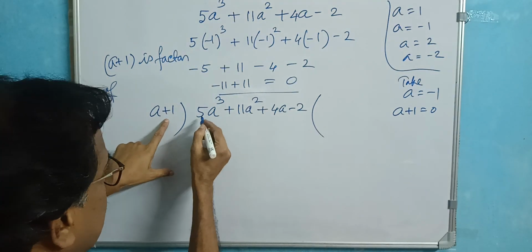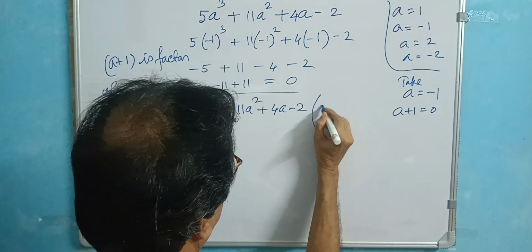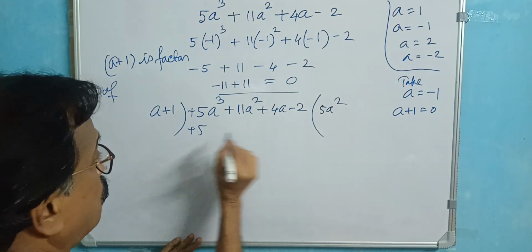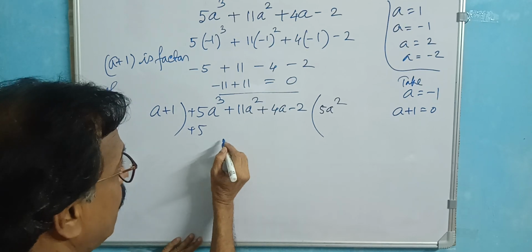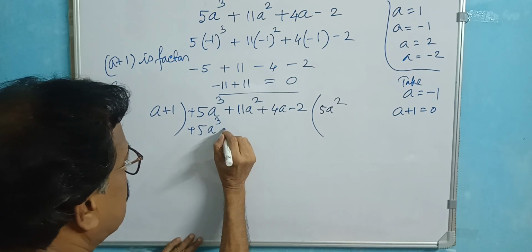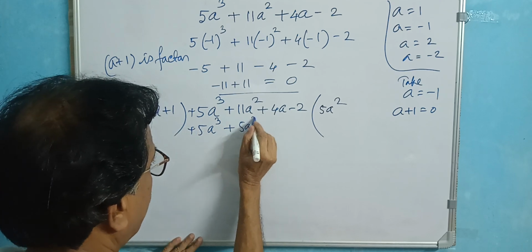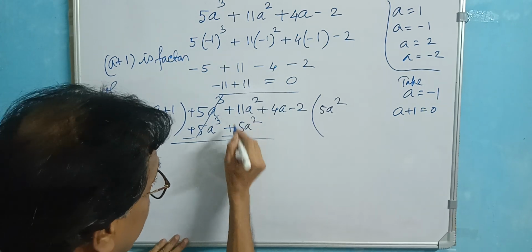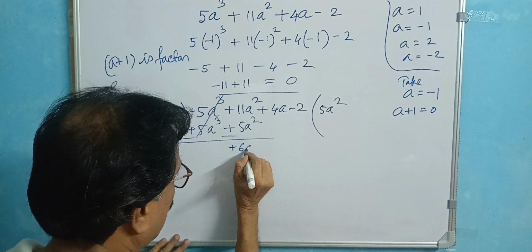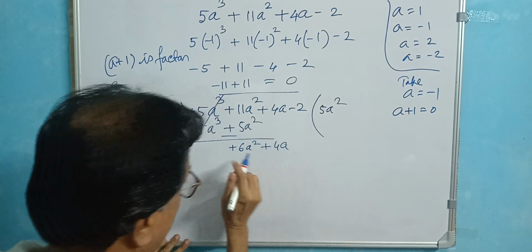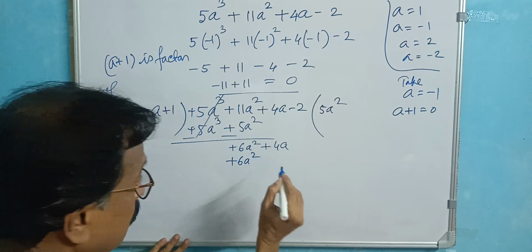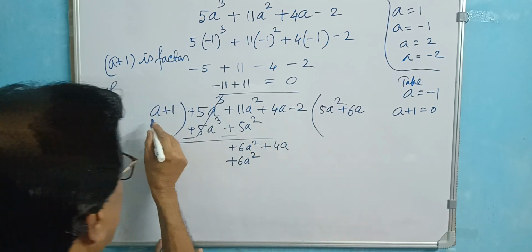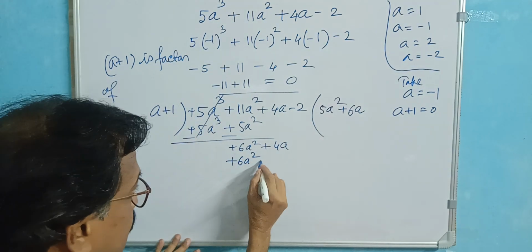So here is a plus 1, and here 5a square. You know the division process: 5a square times a plus 1 gives 5a cube plus 5a square. Subtract: this is minus, this is minus, the first part cuts off, the signs are opposite, so plus 6a square. Plus 4a comes down. Then 6a, multiply 6a into a plus 1, that gives 6a square plus 6a.